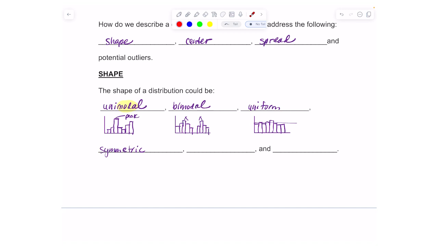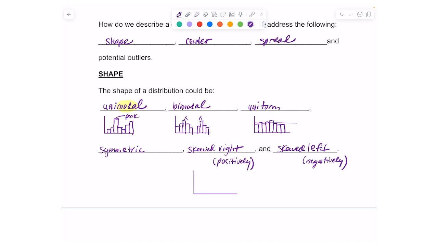And then we also have the two skeweds. So you can have skewed right and skewed left. Sometimes skewed right is referred to as skewed positively, and skewed left could be negatively skewed. Okay, so the way we determine if it's right or left is where the tail is in the distribution.